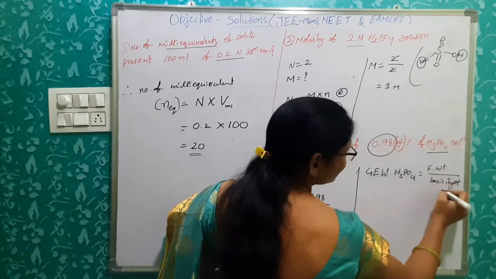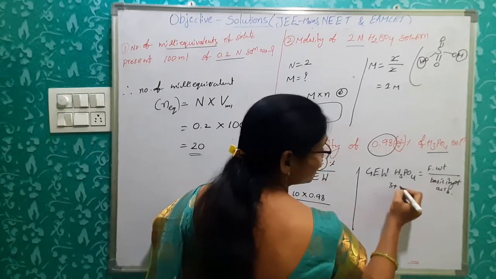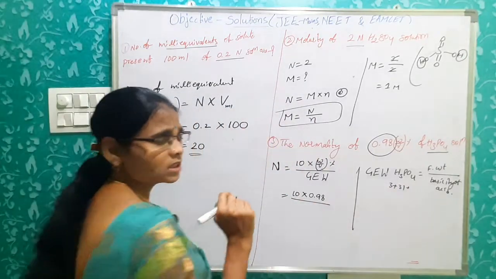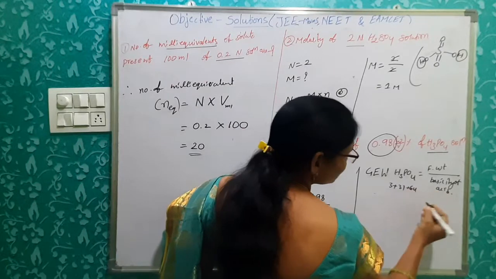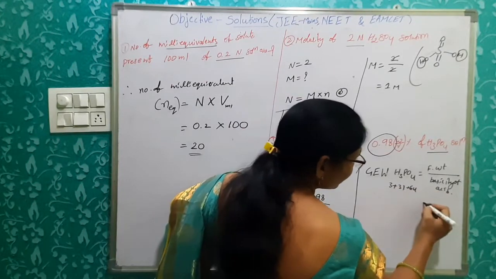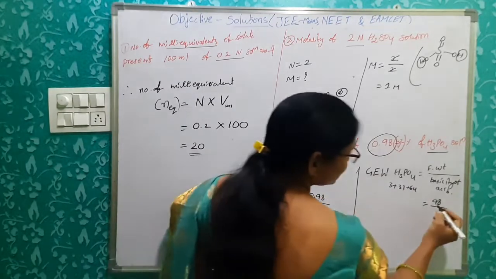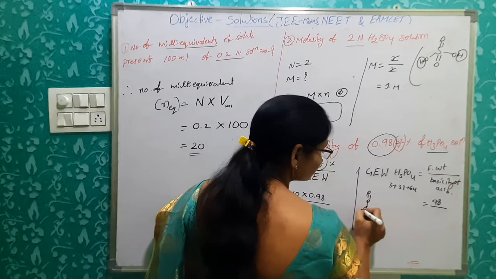The formula weight: 3 plus 31 for phosphorus, each oxygen 16, 4 times 16 is 64, so 98 only. So 98 by the basicity of that acid. What is the structure?